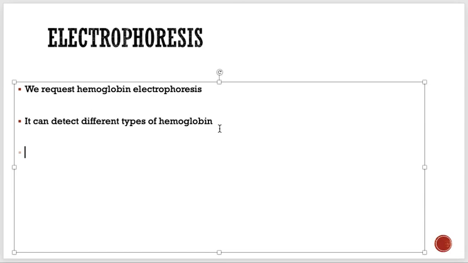If alpha chains are more, think about alpha thalassemia. So hemoglobin electrophoresis is used to diagnose different hemoglobinopathies. This is the test we can do in the labs, and it helps in diagnosing different things.